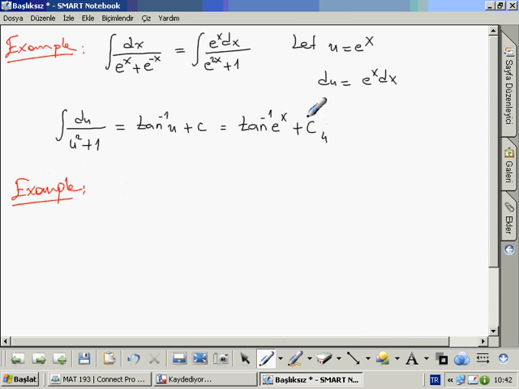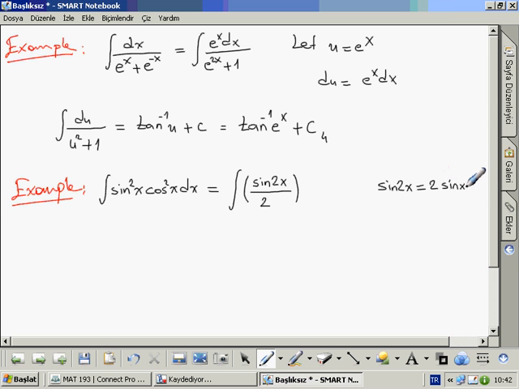Example: the integral of sine square x cosine square x dx equals the integral of (sine 2x over 2) squared dx, because we know that sine 2x equals 2 sine x cosine x, right?